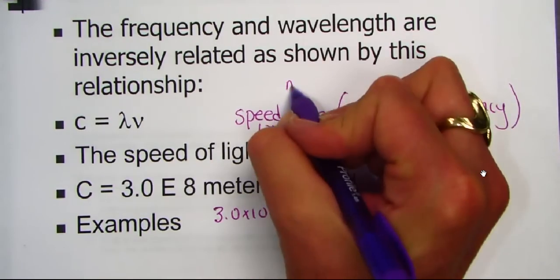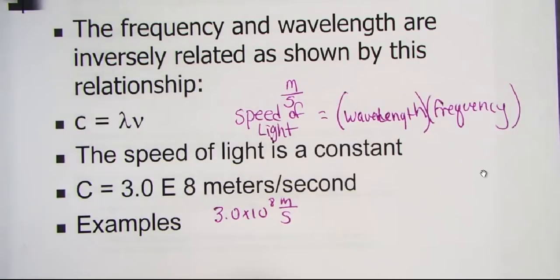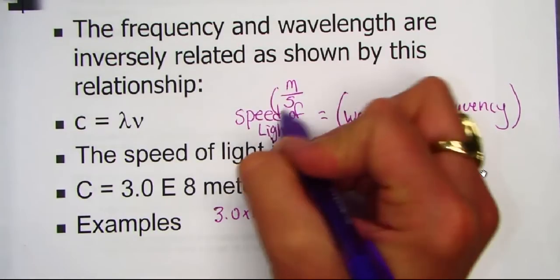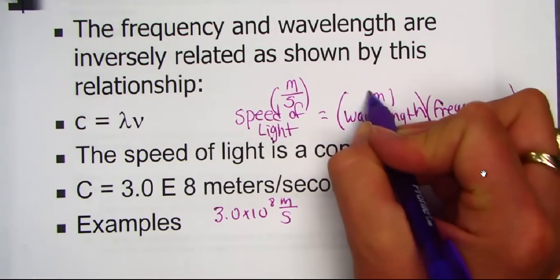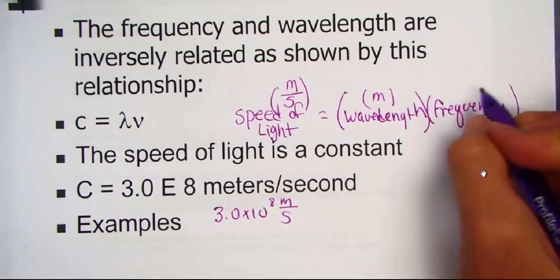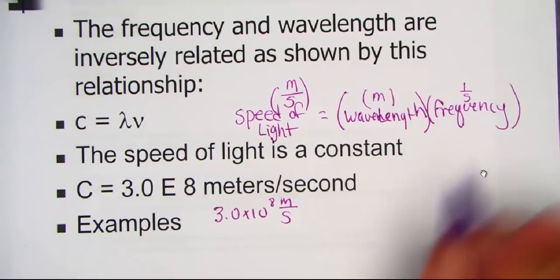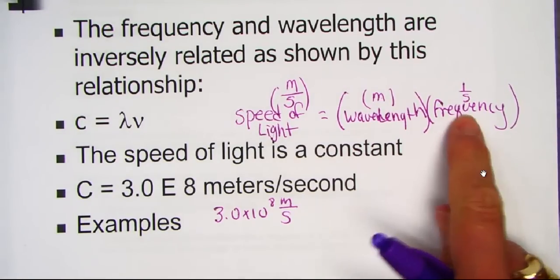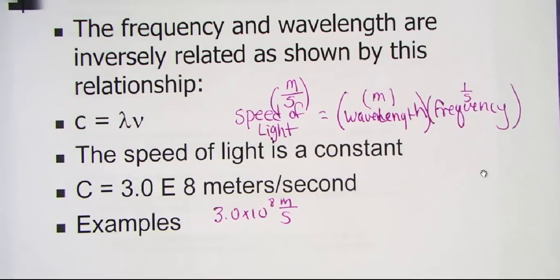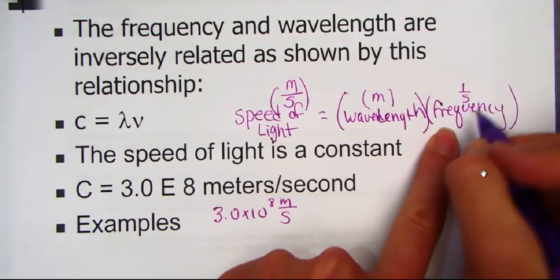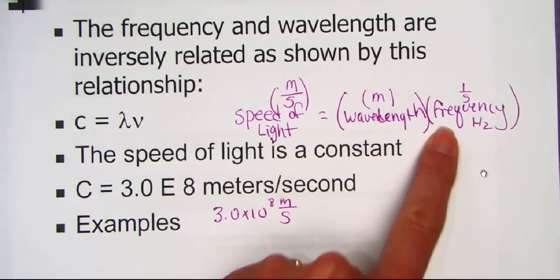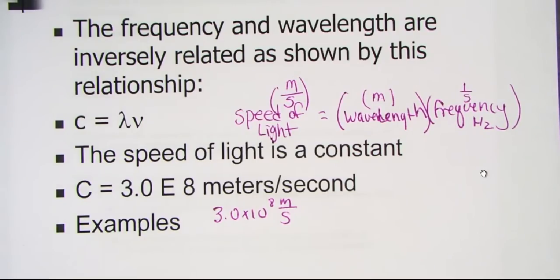If speed of light is in a meter per second, wavelength must be in a meter, and frequency is in a per second, giving meters per second, the unit for the speed of light. Another way of saying per second is the hertz. Hz, hertz, stands for a per second.